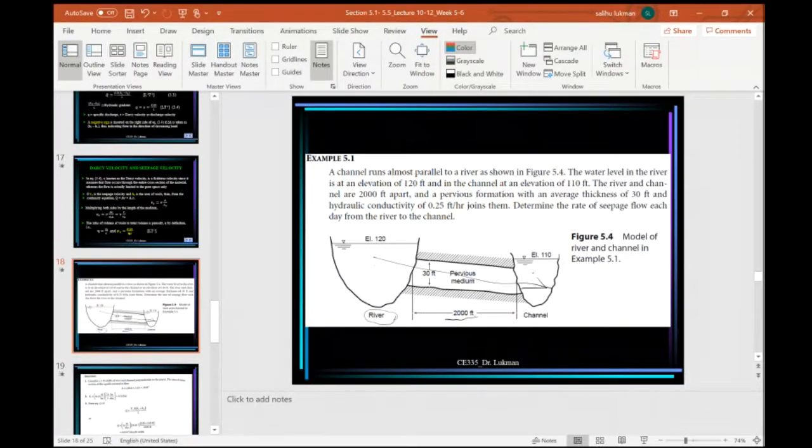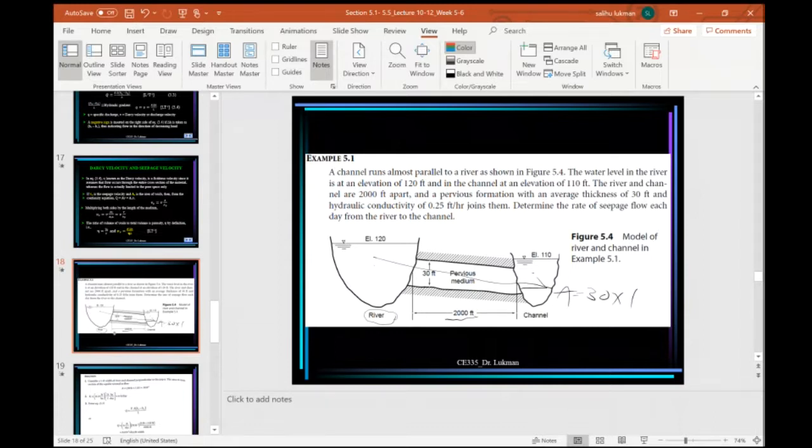The cross-sectional area of the aquifer, the aquifer that is allowing water to pass through, is then 30 times 1, if we assume 1 foot width.